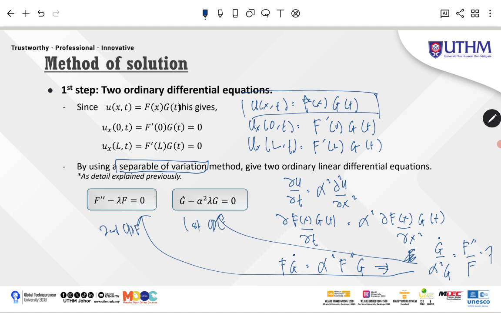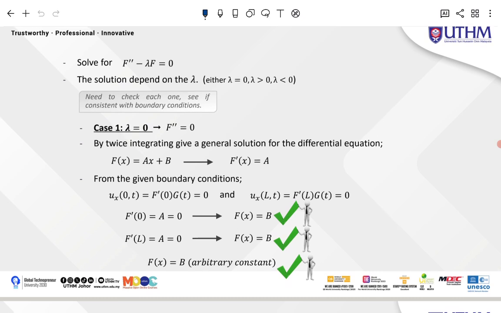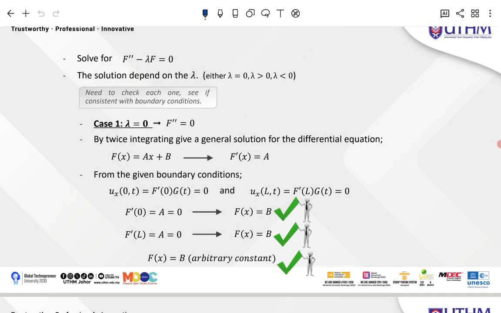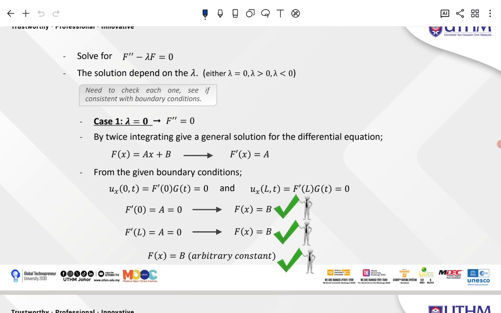From here we solve each equation one by one, depending on the boundary condition given, making sure the boundary condition is satisfied by the equation. The solution depends on lambda: lambda equal to 0, lambda bigger than 0, or less than 0.